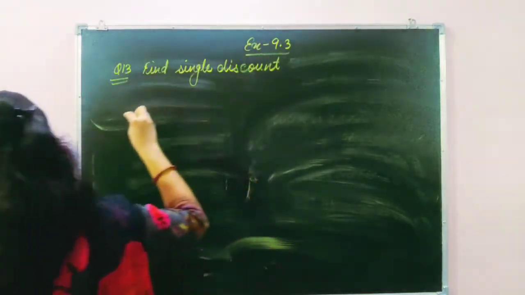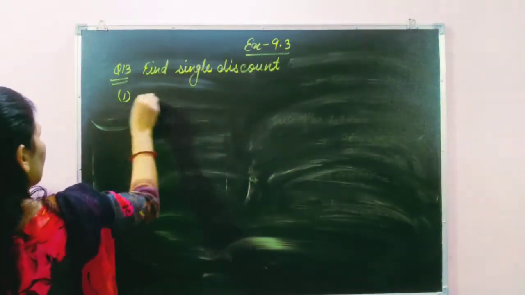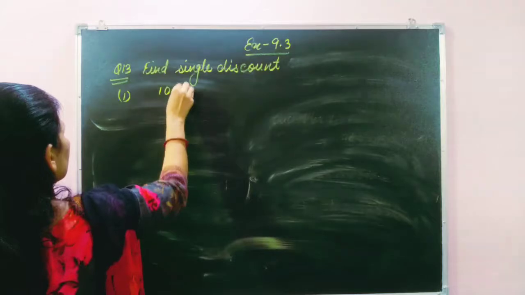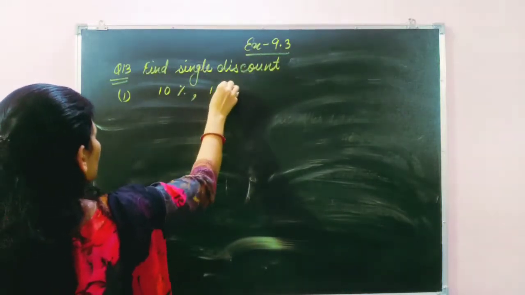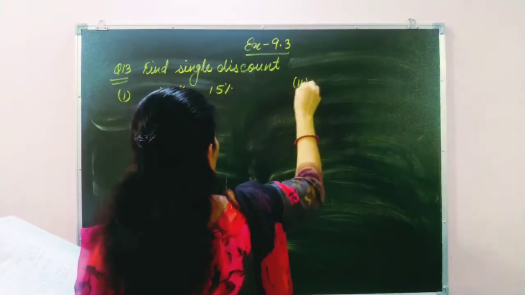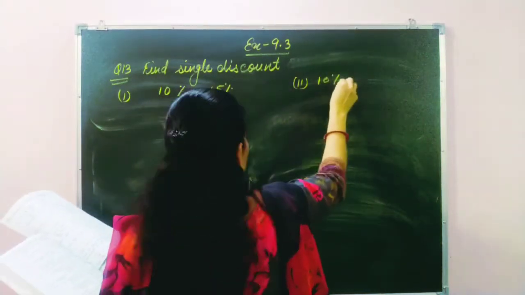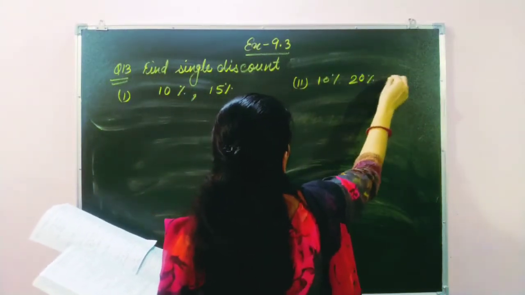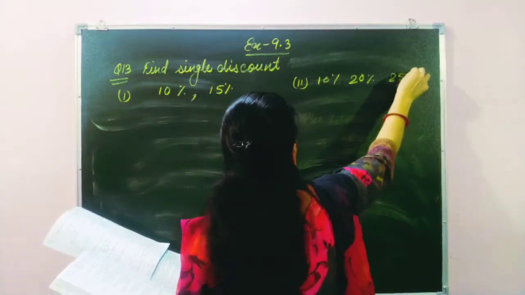And two terms they are given. In the first they have given the discounts 10% and 15%. For the second part they have given three successive discounts, 10%, 20% and 25%.